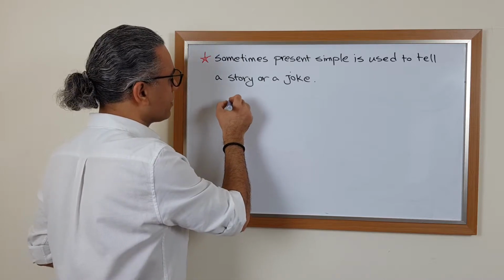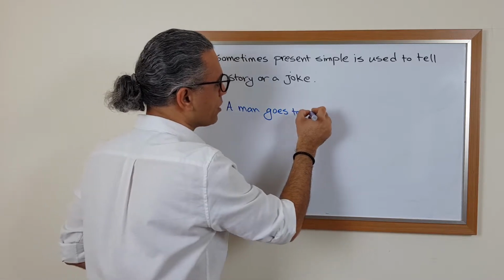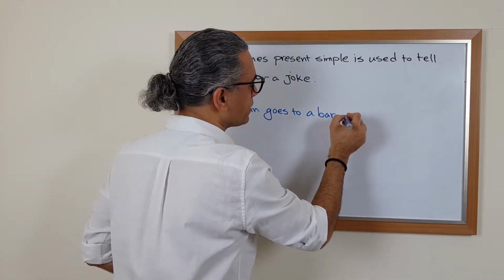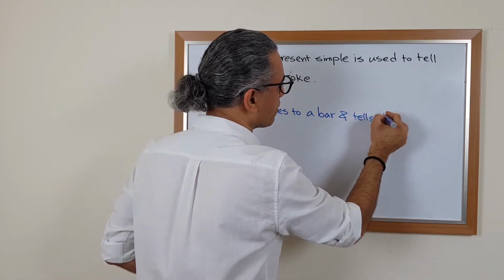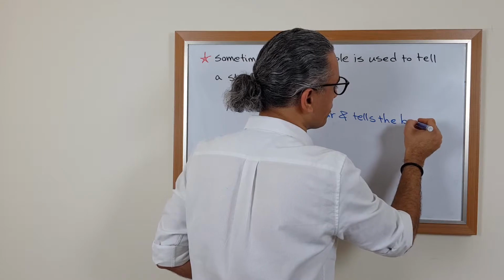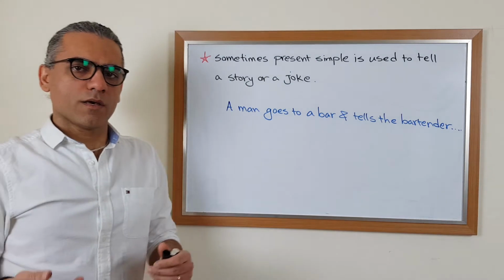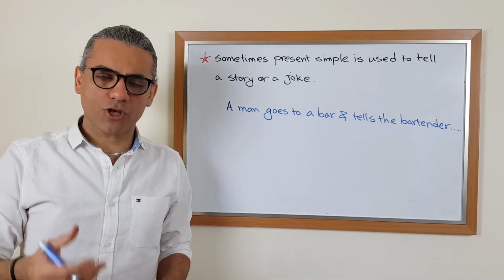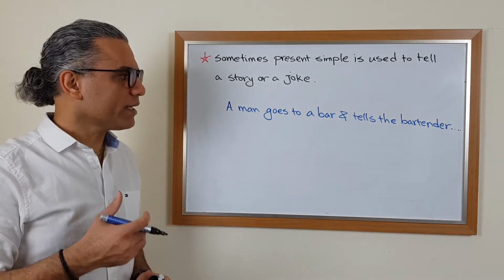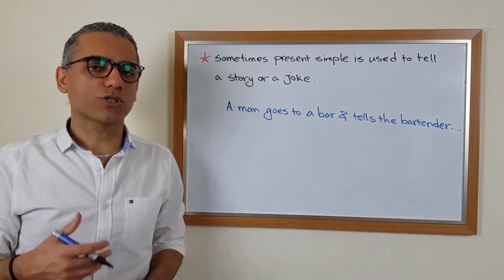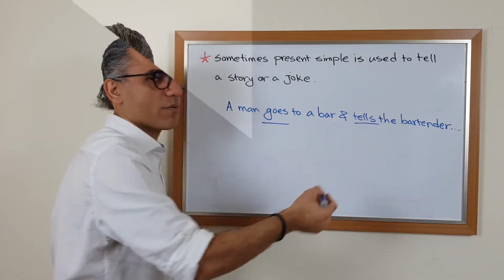Example: a man goes to a bar and tells the bartender, and the rest of the story. So yes, we use present simple generally to describe an action which happens on a regular basis. But sometimes when we are telling a joke or telling a story, you can see the use of present simple.